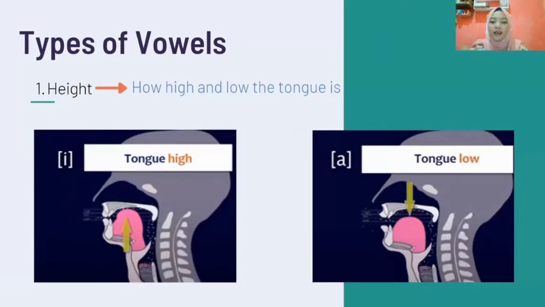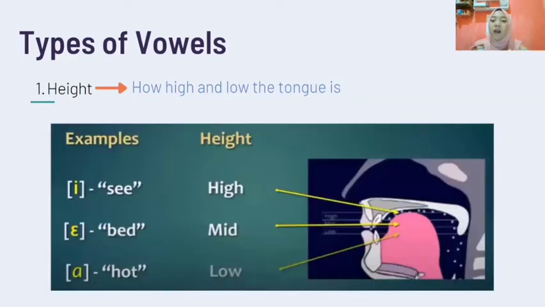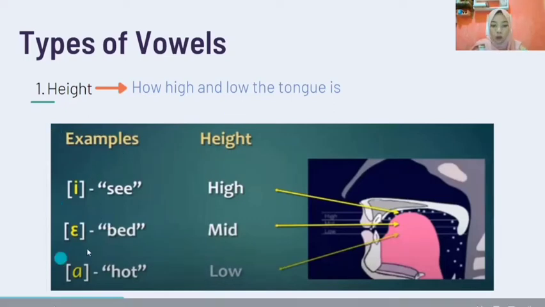So height refers to how high or low the tongue is in the mouth when producing the vowel. For example, consider the vowels E and A. If you say both of these vowels clearly, you will feel your tongue going up and down as you say E, A, E, A. In terms of height, vowels are considered high, mid, or low.